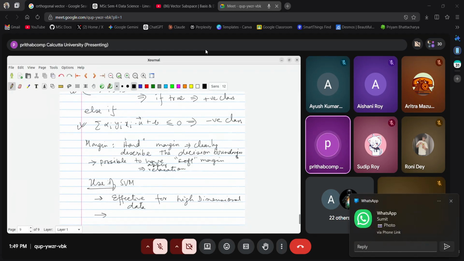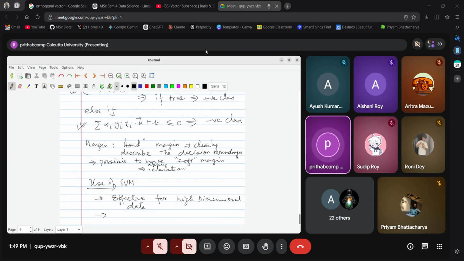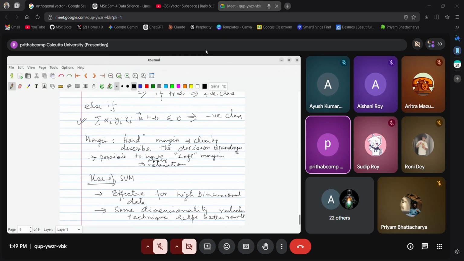But of course, some kind of dimensionality reduction technique may help in getting a better result. So this is about the SVM.